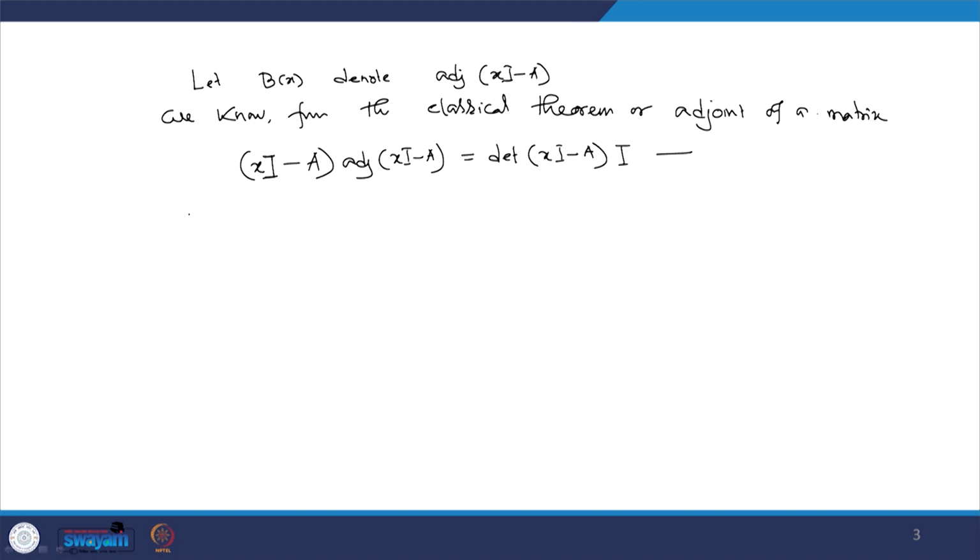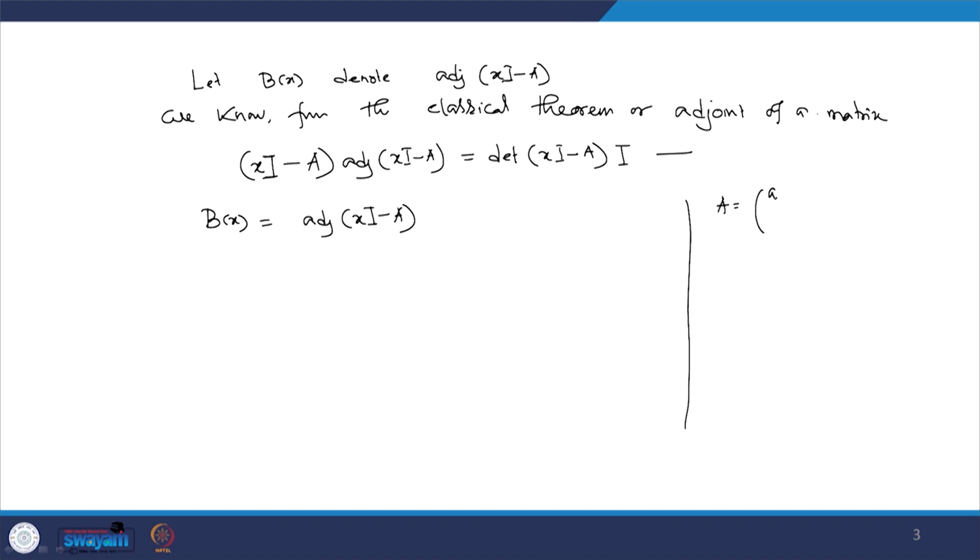So, I have considered here B(x) equal to the adjoint of xI minus A. But what is this? So, to have a quick idea about this, let me also take some examples parallelly.